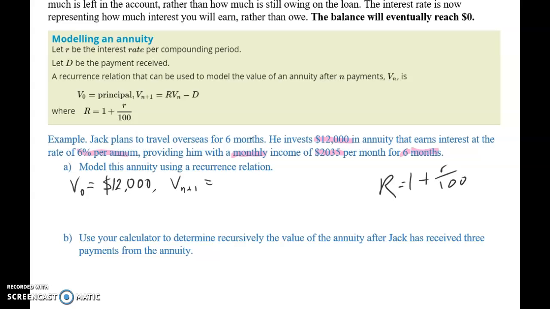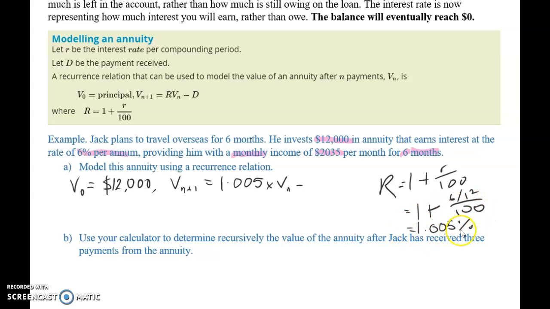So we're going to assume it's compounding monthly, so we've got to divide by 12. So the next line is 1 plus 6 divided by 12 over 100. So that means our R is 1.005.